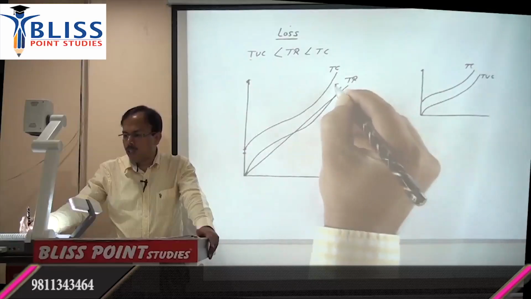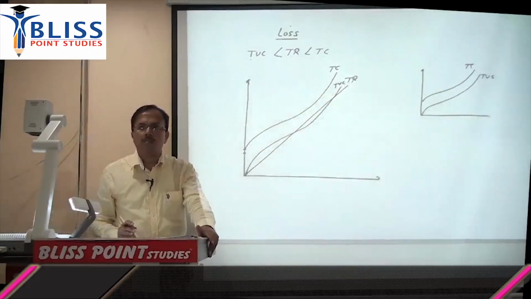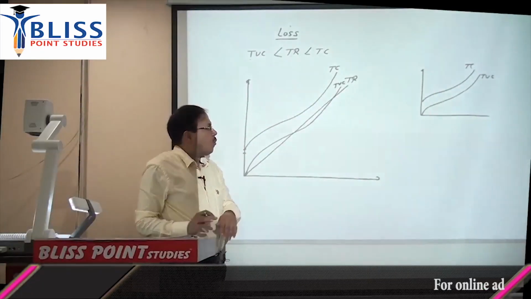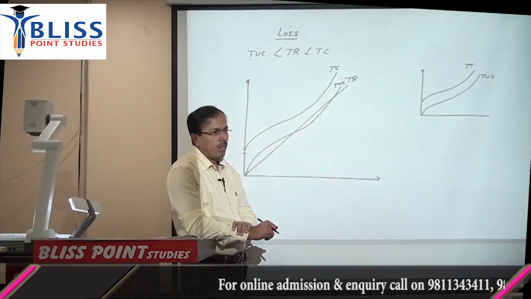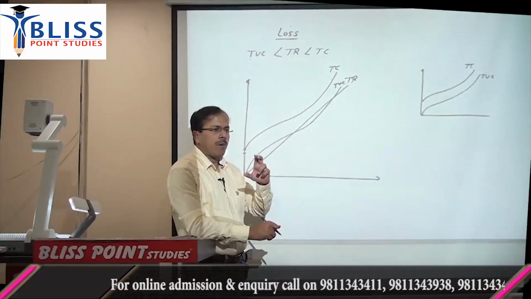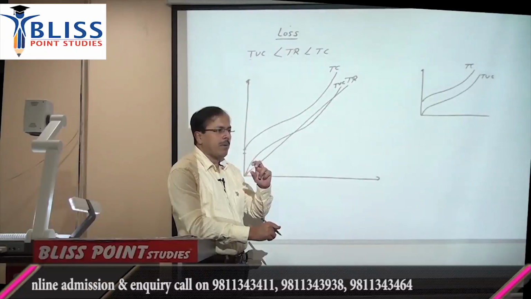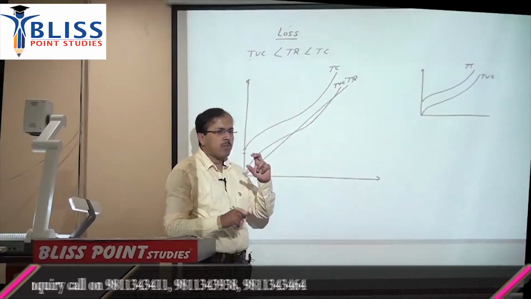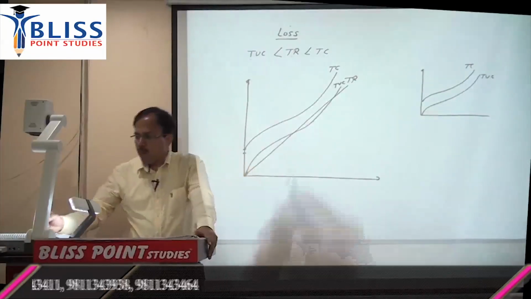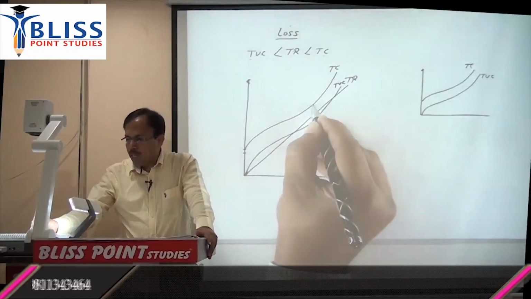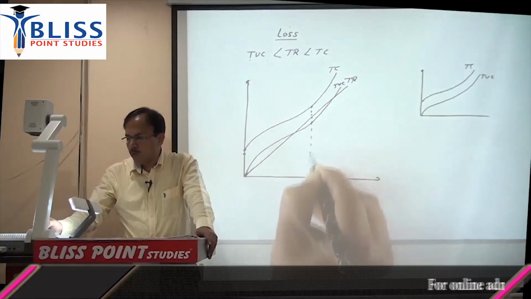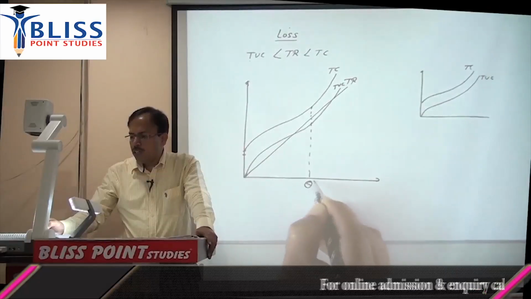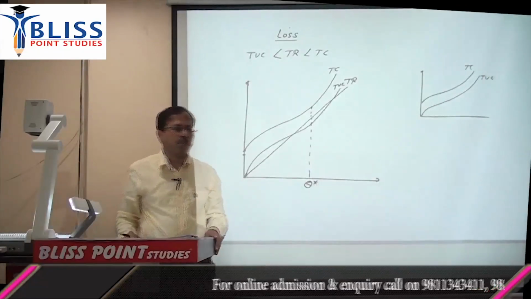So this will be total variable cost line. And where is the profit maximizing condition now? If there is profit, you have to maximize, but if there is loss, you have to minimize. So the gap will be minimum between TR and TC corresponding to that output. So this quantity is profit maximizing quantity.